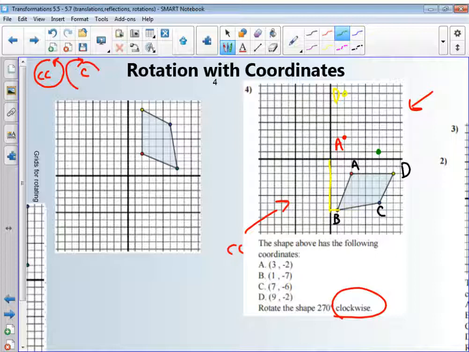Okay, so there's my green one, which was B. And then letter C. So it looks like out 6 and up 7. There's my C. So now if I go through and I connect these, they should look the same.